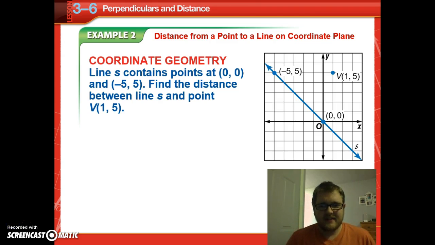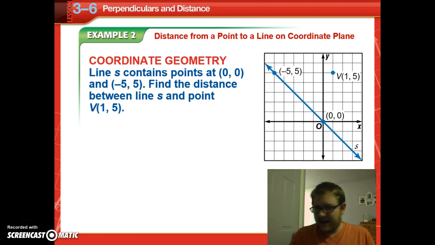We have line S graphed for us. It contains points at (0, 0) and (-5, 5). We want to find the distance between line S, so this line, and this point V, which is at (1, 5).